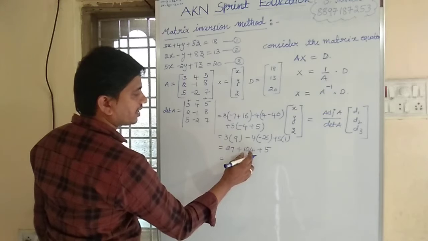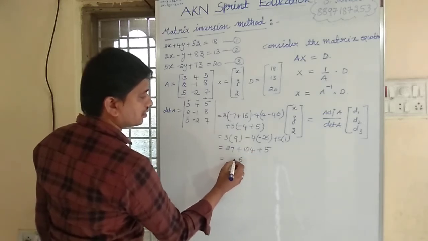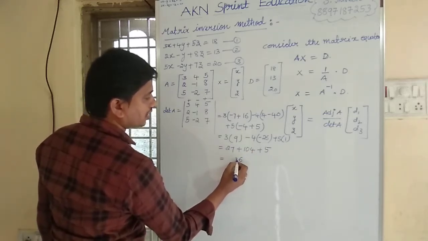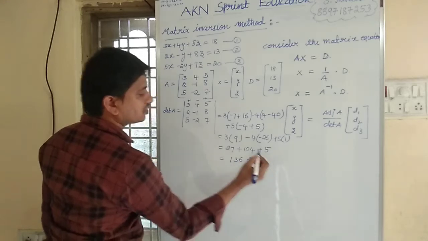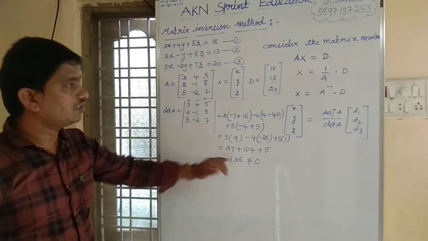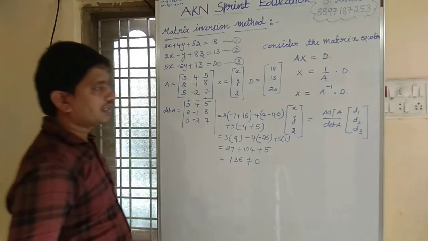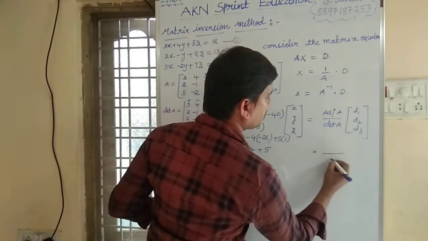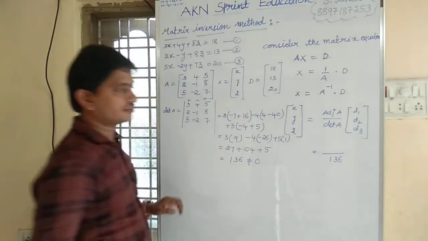So 27 plus 104 is 131, plus 5 is 136. So what is the det A, children? We got det A equal to 136. Okay, that is right, the det value is 136.